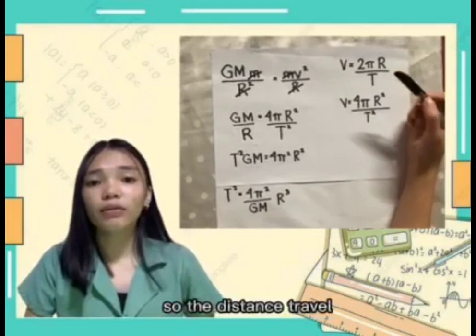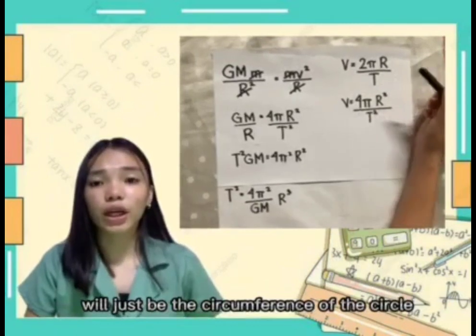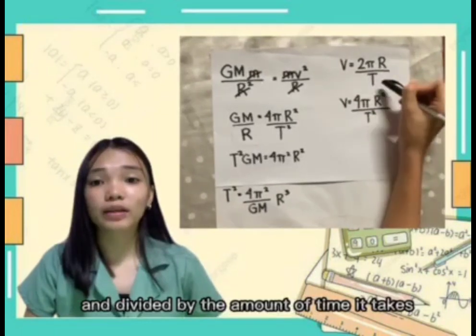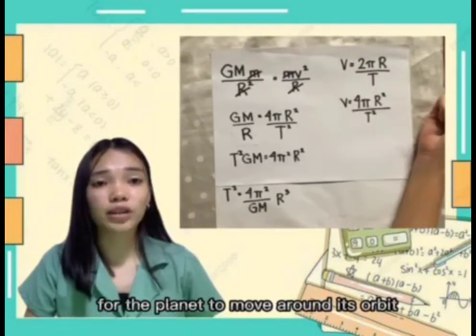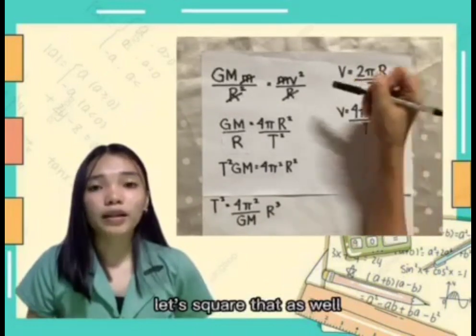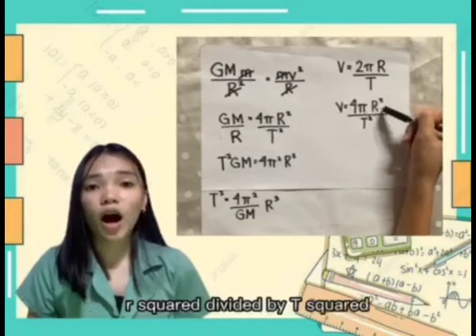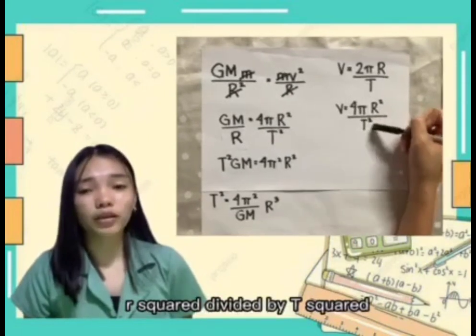So the distance traveled will just be the circumference of the circle, which is 2 pi r, divided by the amount of time it takes for the planet to move around its orbit. Let's square that as well. v squared is going to equal 4 pi squared r squared divided by t squared.